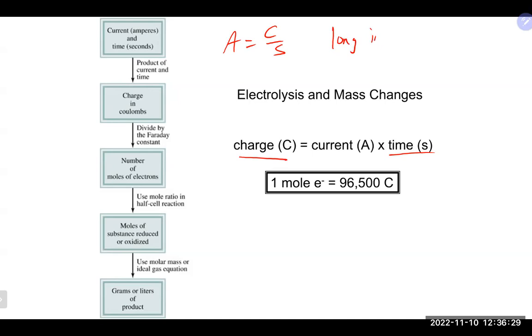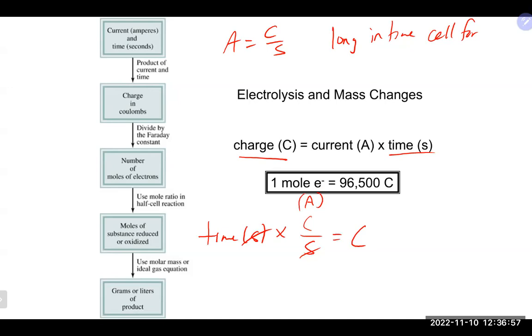Typically we take our time and convert it into seconds, then multiply the seconds times the amperage, which is coulombs per second. The seconds cancel, and that gives you the coulombs of charge associated with your cell.